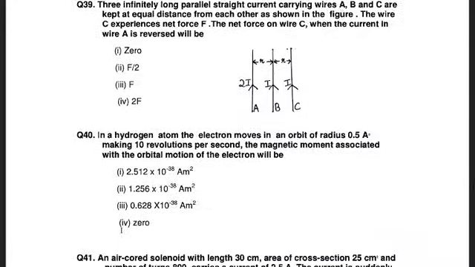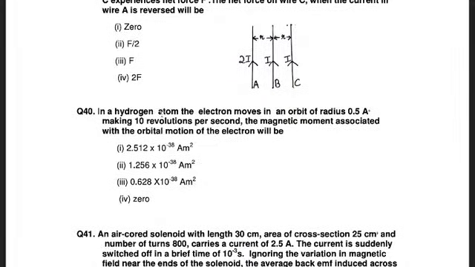Question number 40. In a hydrogen atom, the electron moves in an orbit of radius 0.5 angstrom, making 10^16 revolutions per second.